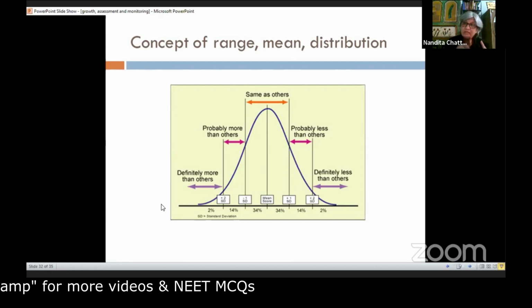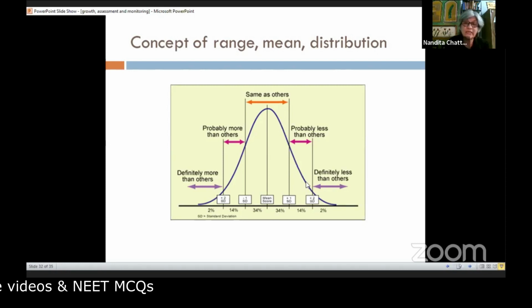Children having a weight of 8 to 12 kg will constitute 67% of the population. That is between these two lines, right from here to here. See, this is within one standard deviation, and that includes 67% of the population.